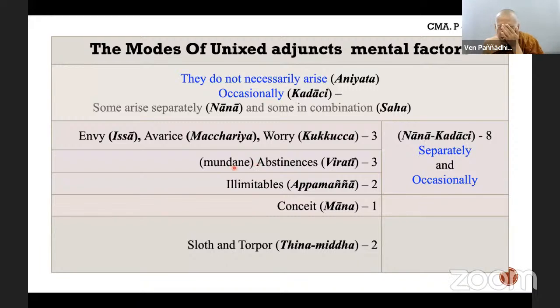Regarding this, can virati arise in the mind of an arahat or not? How can you answer? Not while arahats are not in phala citta. When the arahats have not entered phala citta, they have kiriya citta. In kiriya citta, the viratis do not arise. Okay, great. But when they enter phala citta, then viratis do arise.